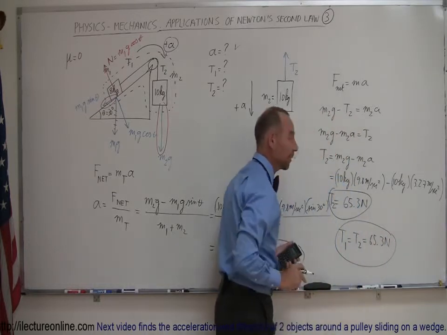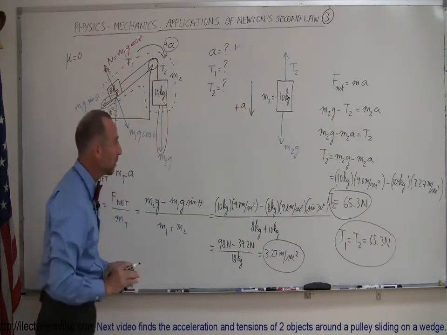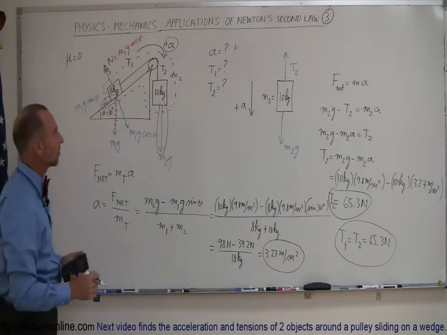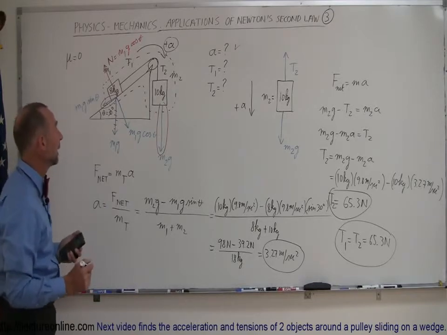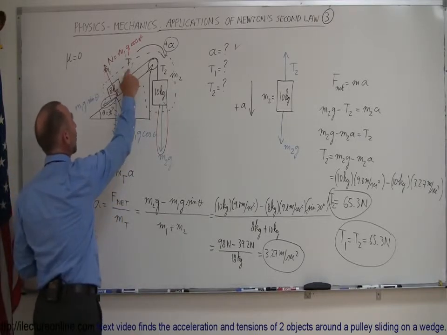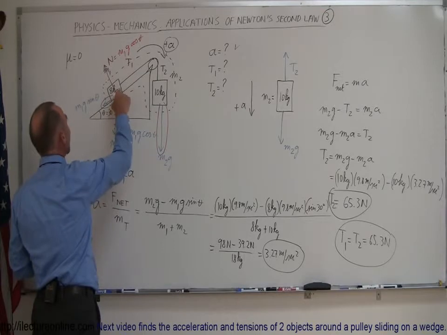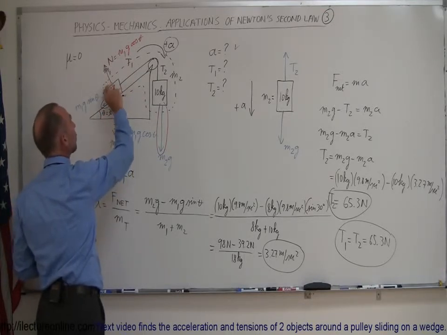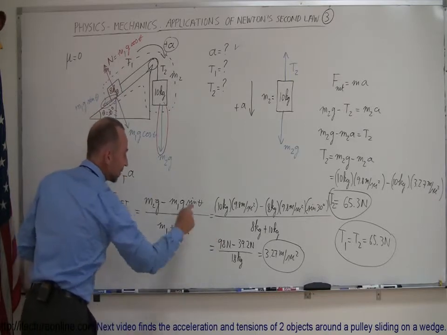Now, what if you say, well, I don't necessarily believe that. Show me, prove to me that that's the case. Another way in which we can look at it is that T1 is the force required to hold up this mass against the m1g sine theta component, plus the force to accelerate this mass up the incline at this acceleration.